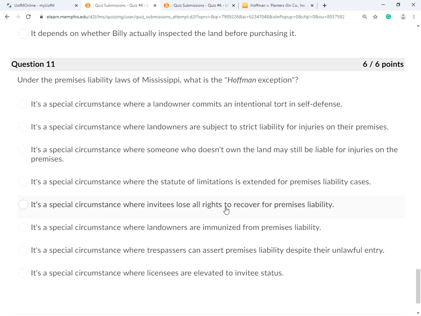In essence, the court is saying that the owner owes him more, just as if he was an invitee on the property. The landowner has to protect him just as if he was an invitee, even though he's a licensee, or even as we see in Tennessee law, even if you're a trespasser, the landowner can't set traps.